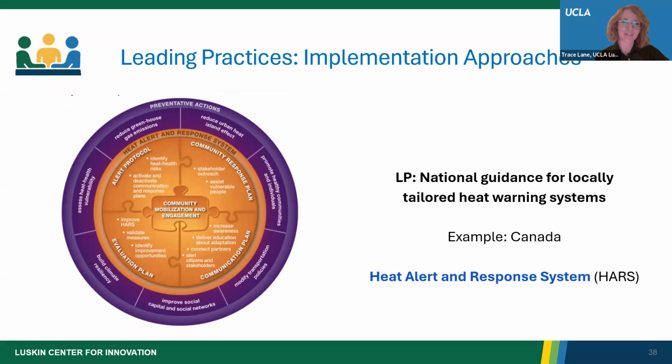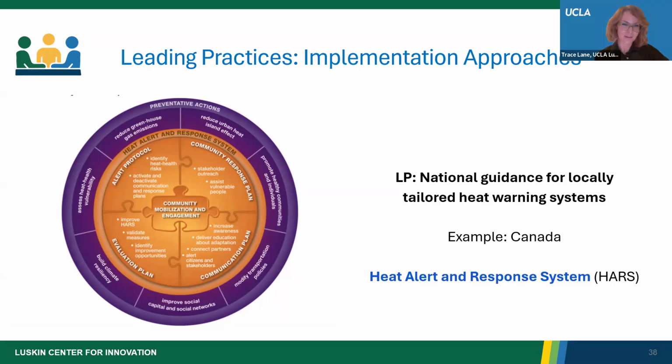And finally, this leading practice is focused on national guidance for locally tailored heat warning systems. An important innovative leading practice is illustrated here by Canada's Heat Alert and Response System, or HARS. They offer an illustration of this leading practice with a national approach to heat management and governance that includes a robust support tool for local heat warning systems within provinces and territories.